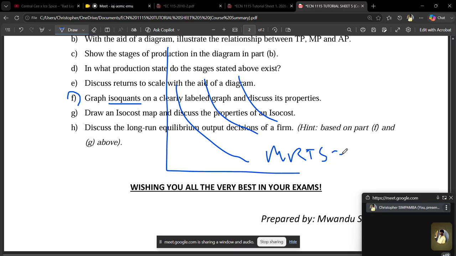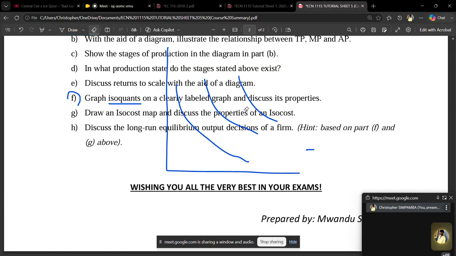It is simply the rate at which a firm is going to be substituting one input for the other. The other property is that isoquants do not cross, because if they were crossing, it would mean that one input combination is producing two different levels of output.